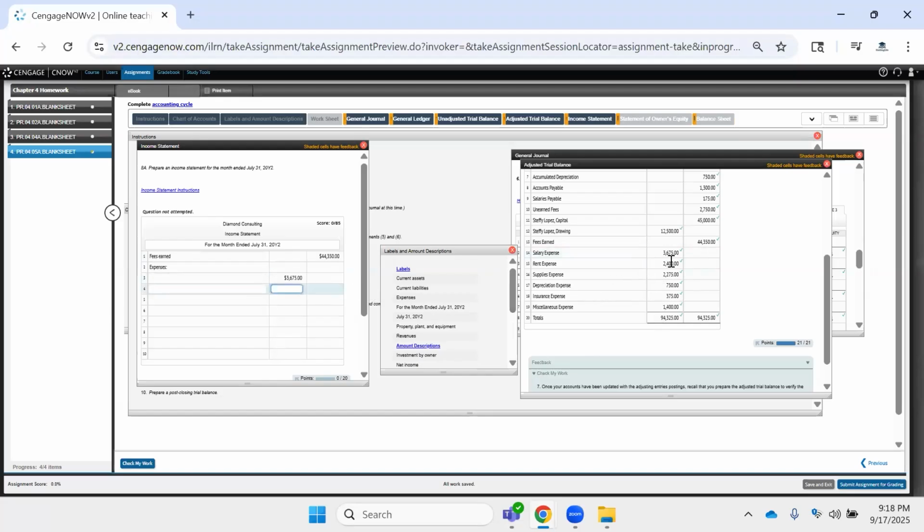And you can see they're already in order for us here on the adjusted trial balance. Well, it's not a lot of a coincidence, but anyways, we need to show them in the order from least to greatest. That's how it's presented.